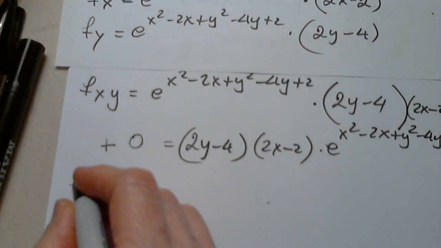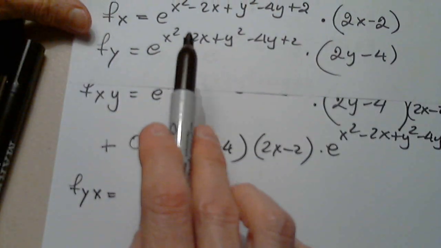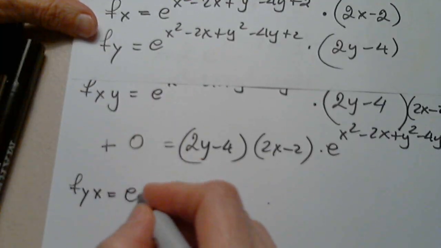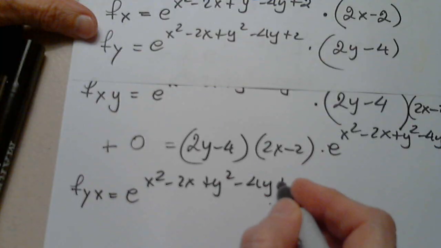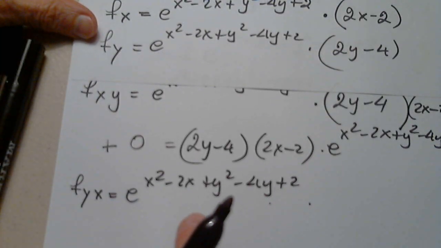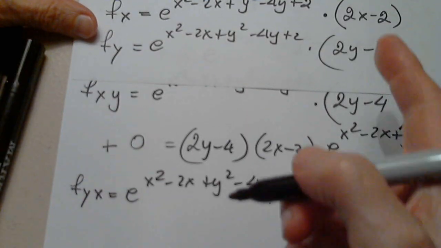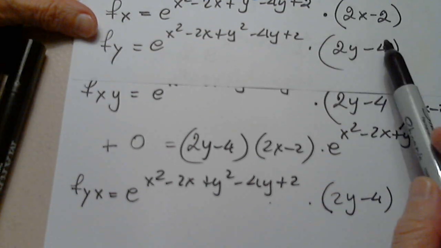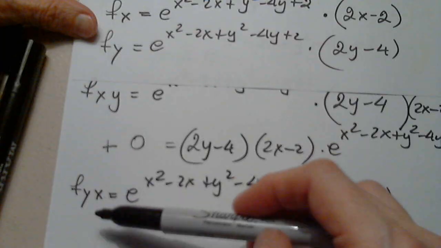Okay, so now we want to look at fyx. So when we differentiate this with respect to x, we have e to x squared minus 2x plus y squared minus 4y plus 2 times the inner function prime with respect to y, which we know is 2y minus 4, times the second function, fy with respect to x.